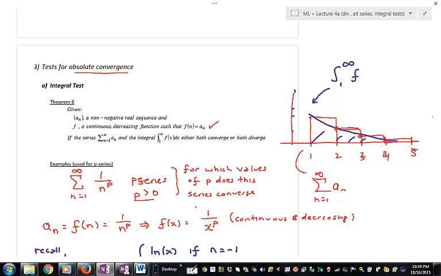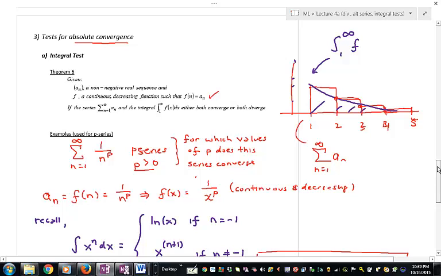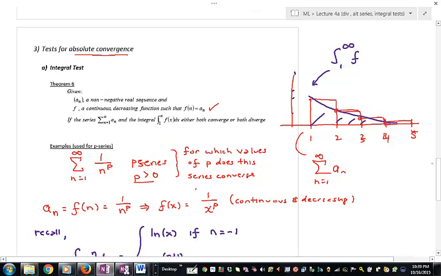There's a very famous example that we want to look at. And by the way, I'll just mention very briefly why this theorem is true. I don't want to get into a long aside, but if we think about what this integral from 1 to infinity of the function is, basically it's the area under this curve. Notice that the function is equal to the values of the sequence at the integer values. So the area under this curve is this integral.